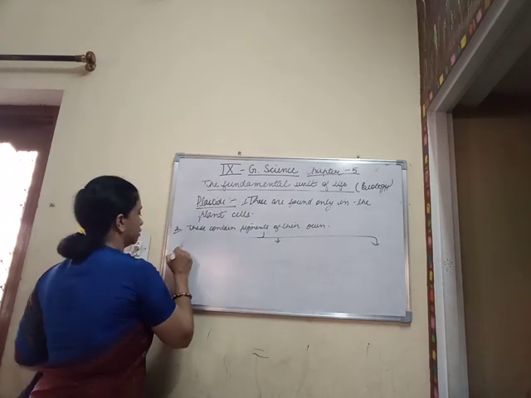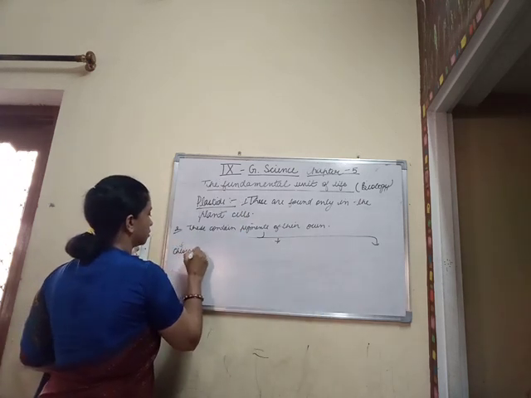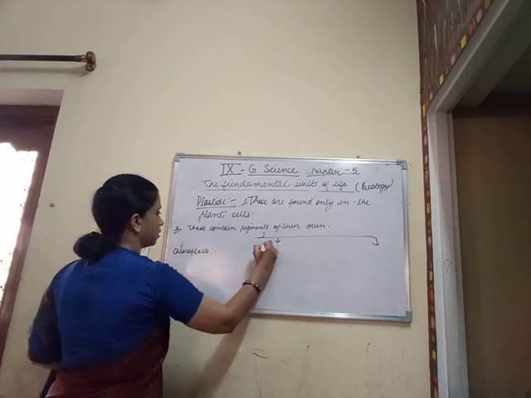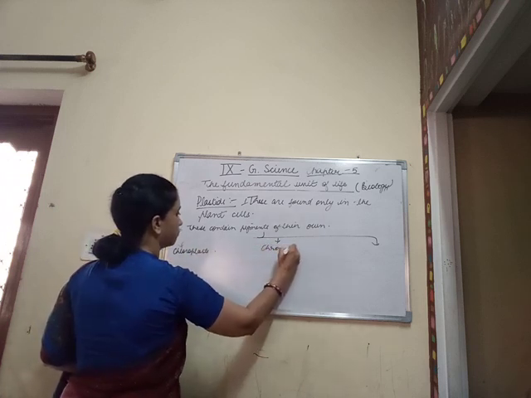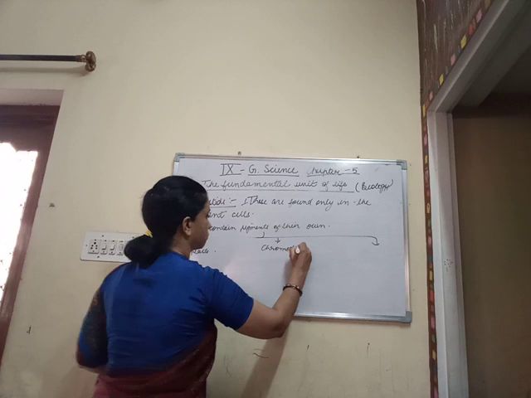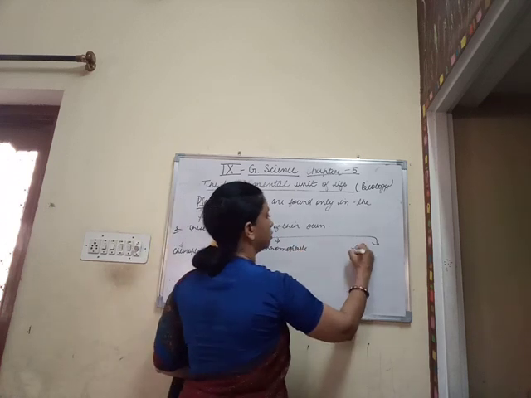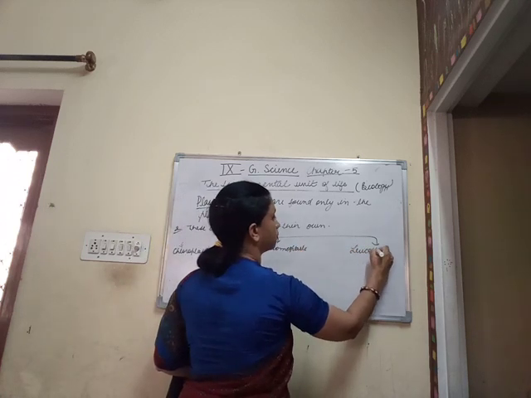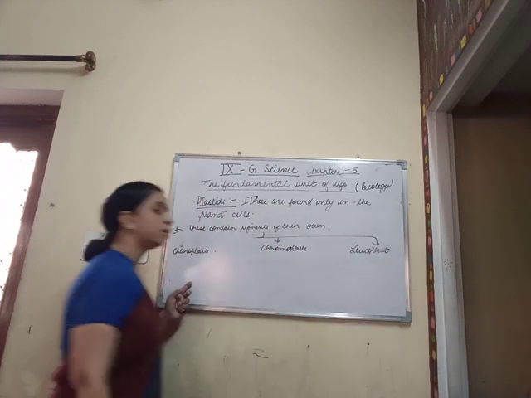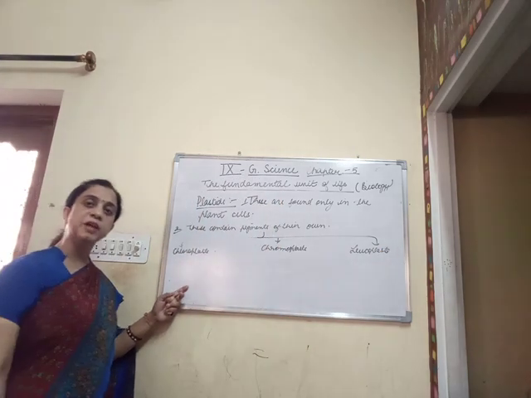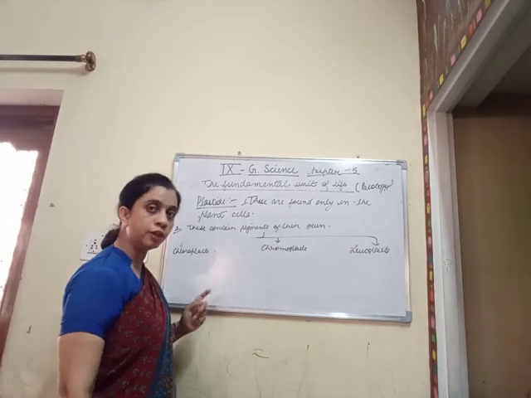That is the chloroplasts, the chromoplasts, and the leucoplasts. When we are talking about the chloroplasts, these are the plastids which contain green colored pigments.